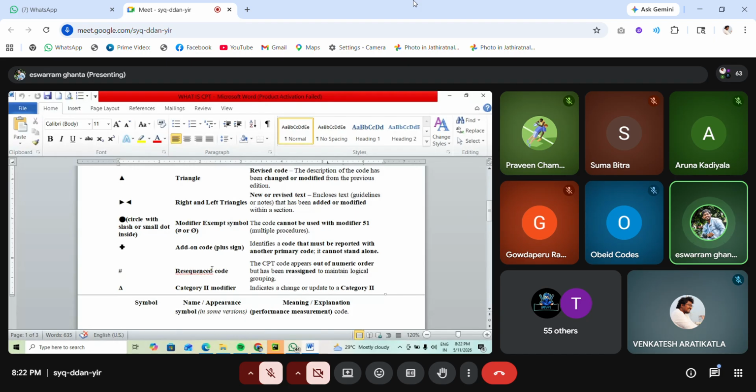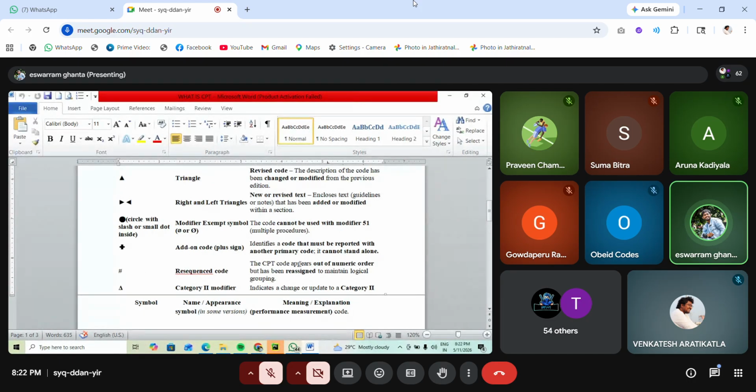But in some coding sequences, what happens is the code sequence is missing, like after 10012 we get 10016. This is just an example. If some codes in between are missed and placed on another page or in another sequence, that is called the resequenced code.